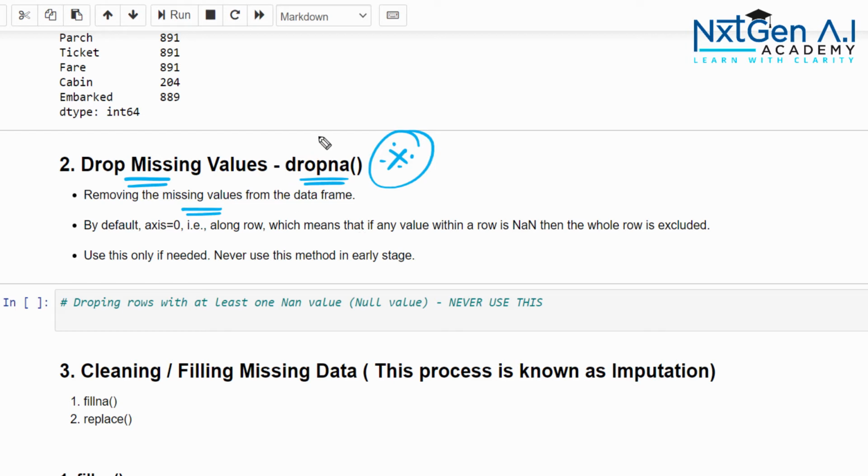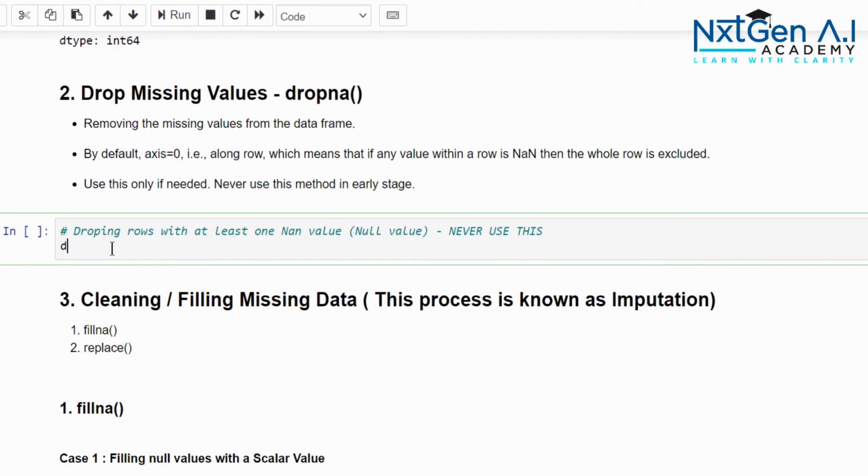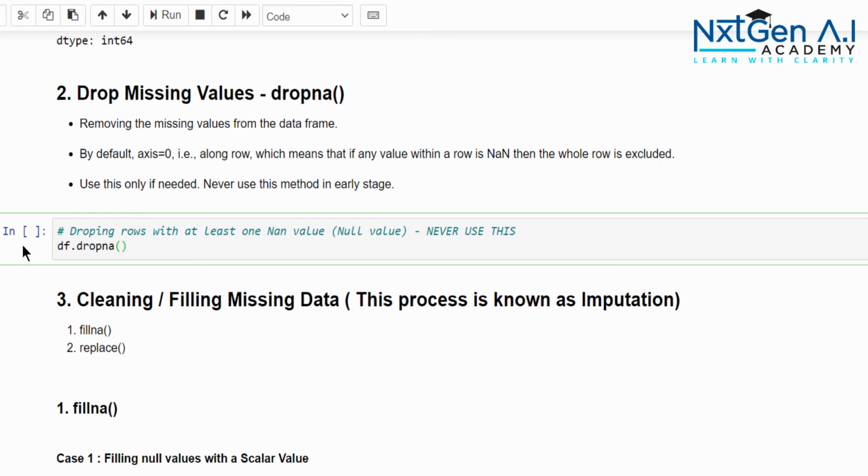When you implement dropna, what exactly it will do is remove the missing values from the data frame. Missing value in the sense, the entire row will be removed. So never use this method in the early stage. df.dropna(). Let's execute.